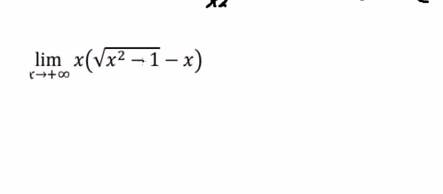Now let's go to the next one. We need to multiply by the square root of x squared minus 1 plus x on the numerator and denominator.